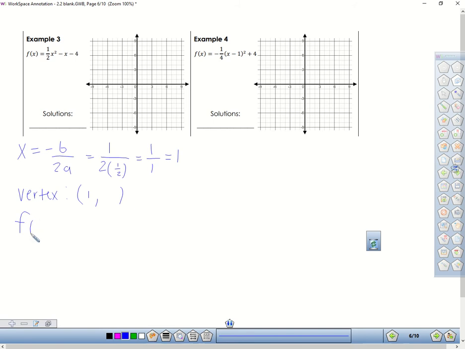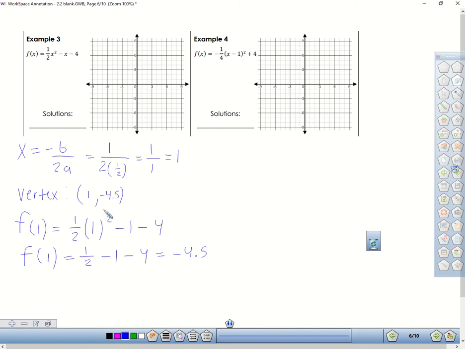So f of 1 is equal to 1/2 times 1 squared minus 1 minus 4. f of 1 is equal to 1/2 minus 1 minus 4. So 0.5 minus 1 minus 4 is negative 4.5. So my vertex is at 1, negative 4.5.